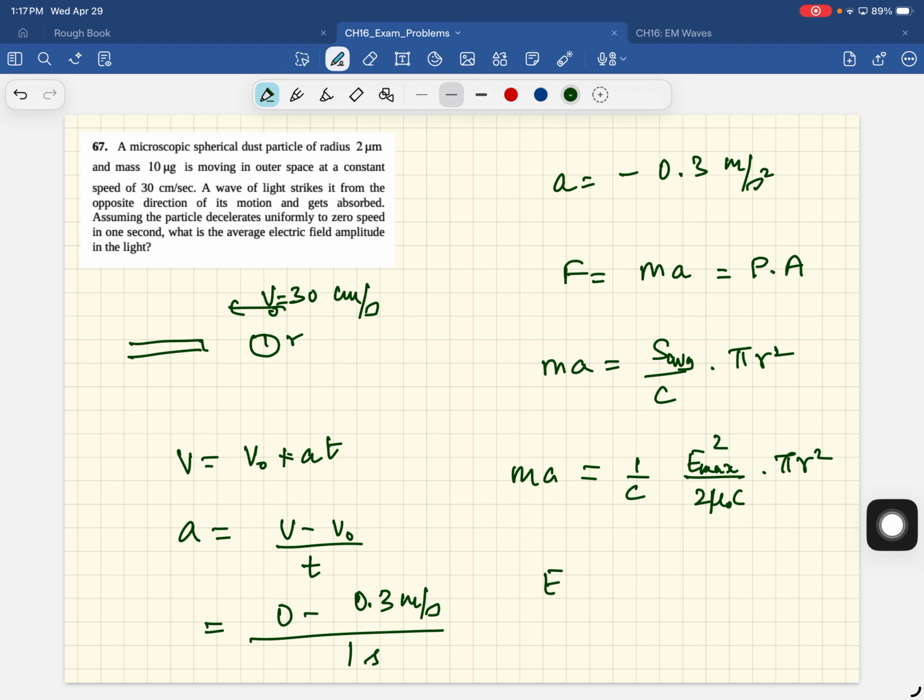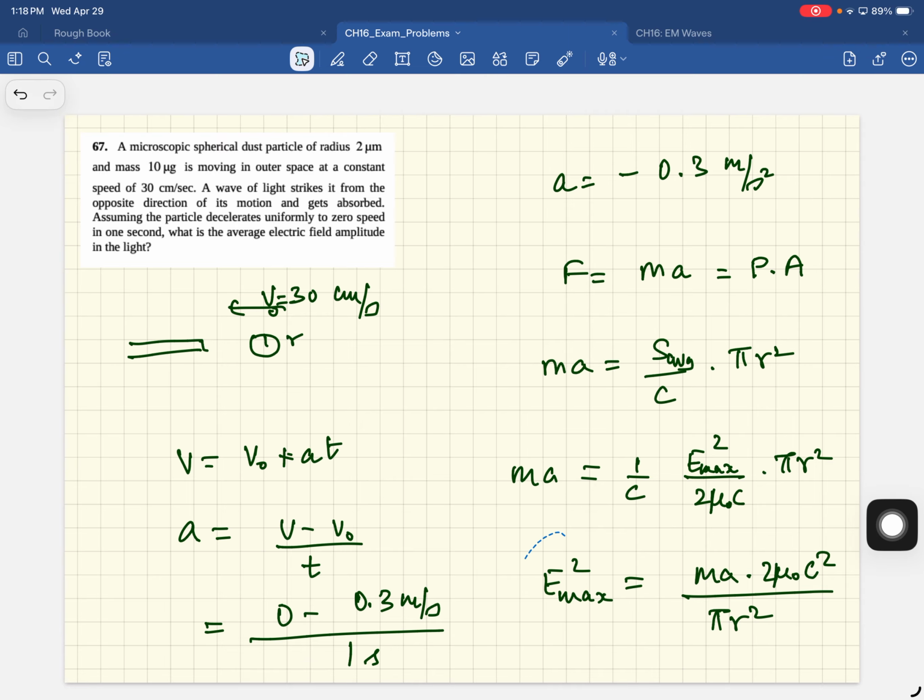So the amplitude of the electric field in the light beam that is stopping this particle is ma times 2 mu naught c squared divided by pi r squared. So now we'll calculate all of this.